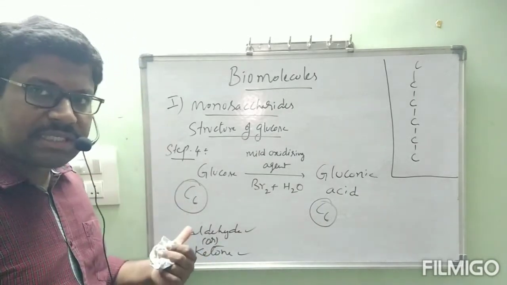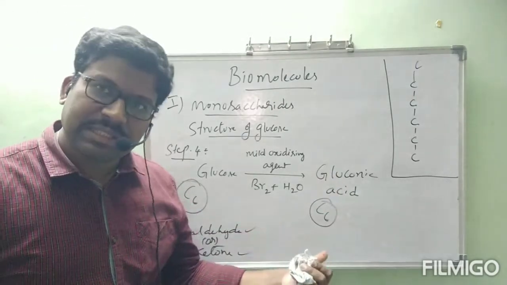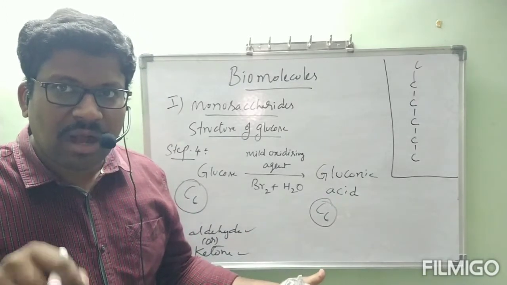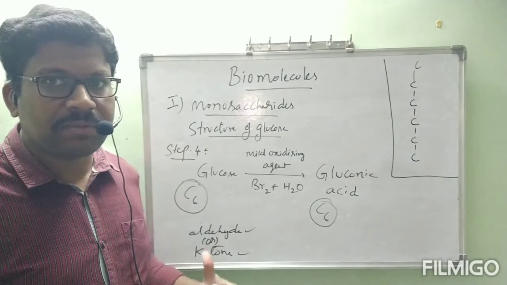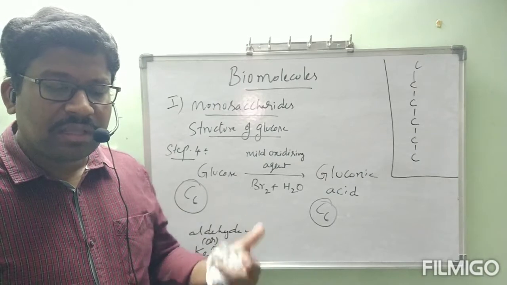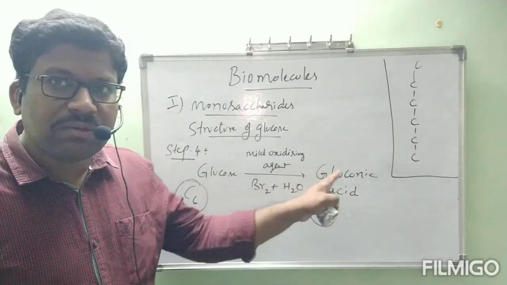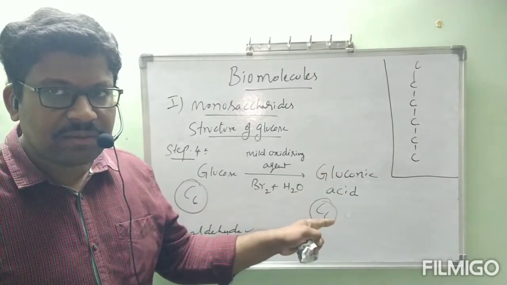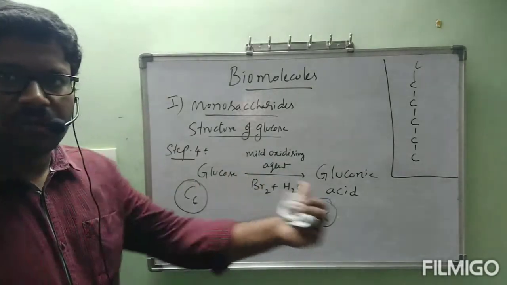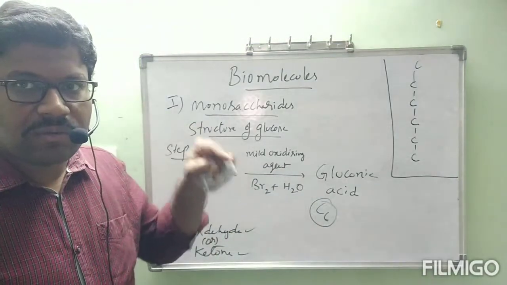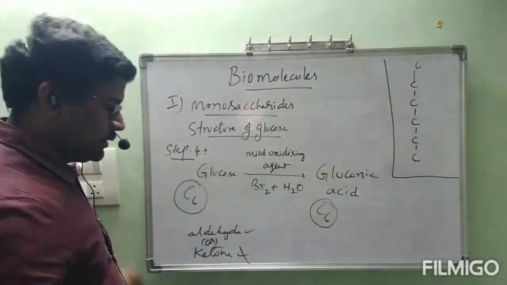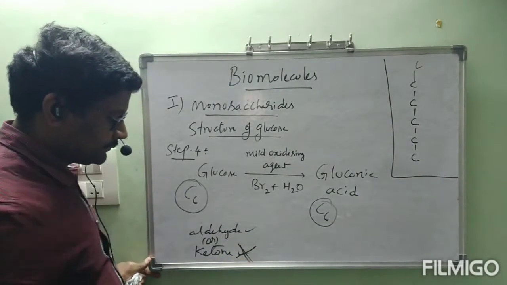How is it possible? Only if that C double bond O is aldehyde, because when aldehydes undergo oxidation they form carboxylic acids with the same number of carbon atoms. So we can understand that C double bond O is aldehyde, not ketone.